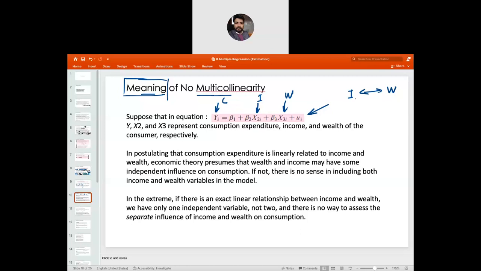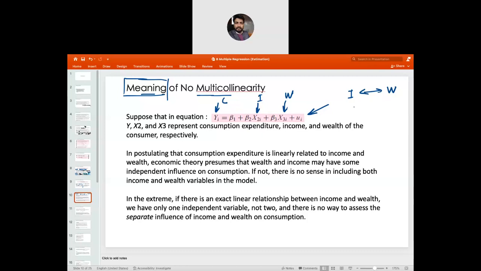It means that income and wealth may be perfectly linearly dependent on each other. For example, if you are saying that all people with high income are wealthy, all people with low income are poor, right? It means there is a perfect relationship.